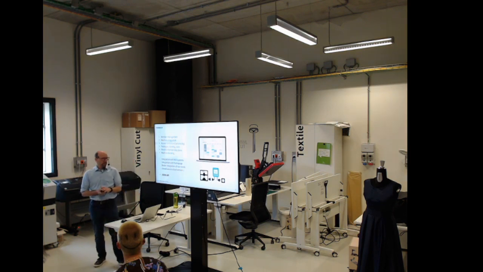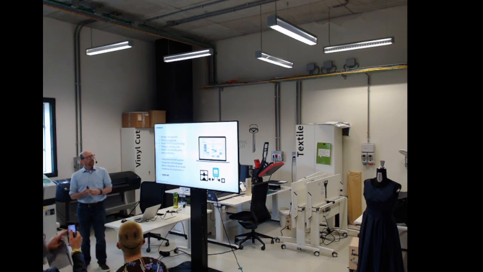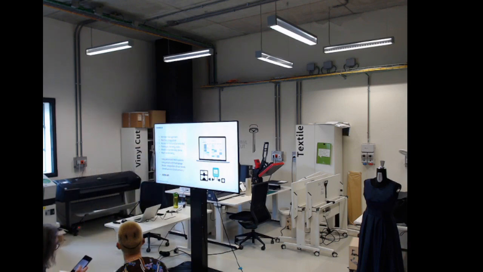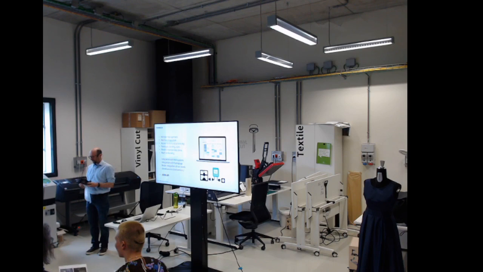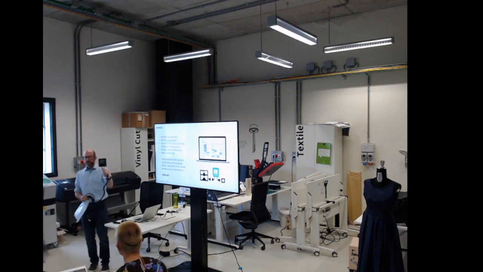Fedman does member management. You have a database with all your active members. You have machine integration. I can show you one of these things. Every one of our bigger machines is connected to a so-called bridge.